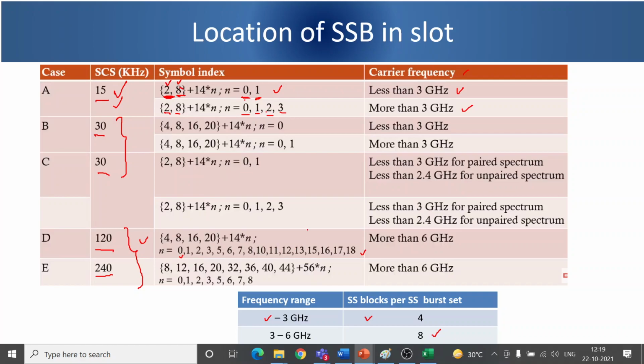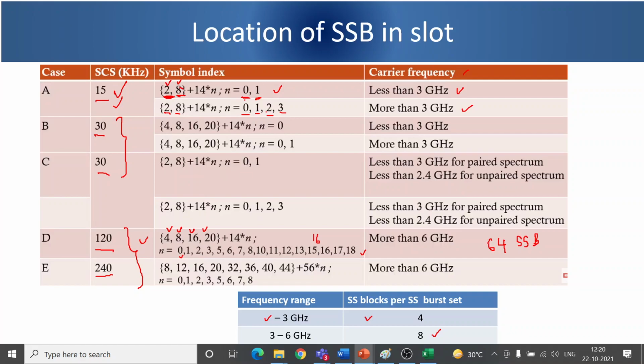So there are actually 16 slots, and in every slot you have these locations of SS block. So the total will be 64 synchronization signal blocks, and those will be transmitted in different beams. It will be a kind of beam sweeping, one beam in one direction, second beam in the next direction, and so on. So 64 such beams will be there.